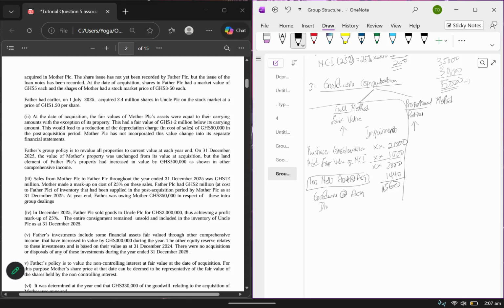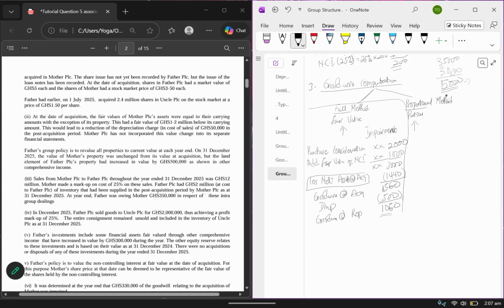If there is impairment, you less, so assume impairment of 500, you less, okay, then you get goodwill at reporting. That's 1,060. This is for the fair value method, okay.